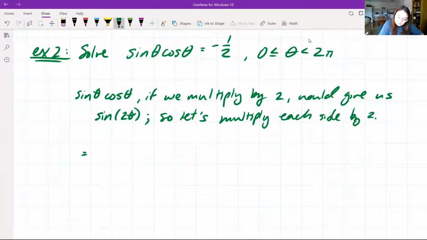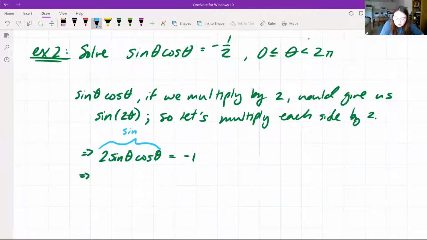This now gives us 2 sine theta times cosine theta is equal to -1, which we can replace with sine of 2 theta. So here I have that sine of 2 theta is equal to -1.